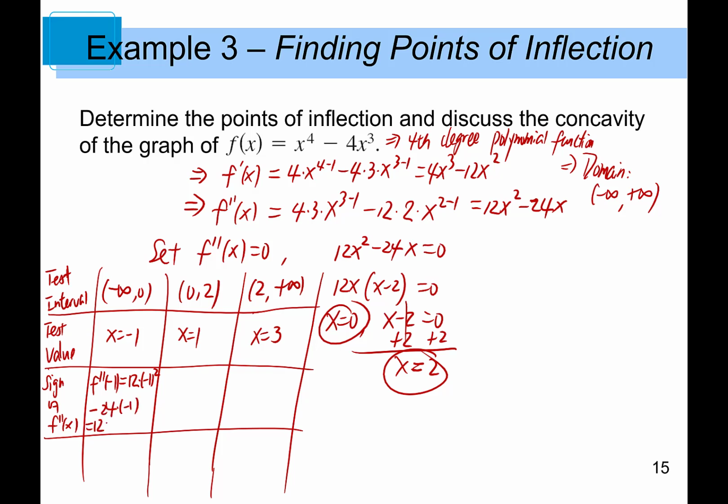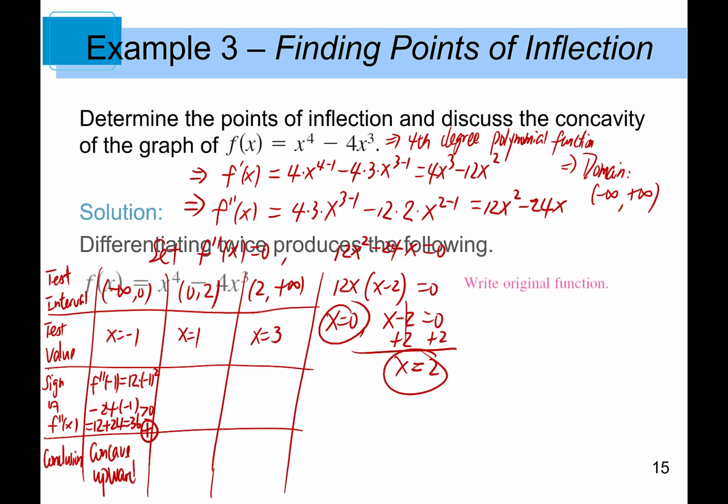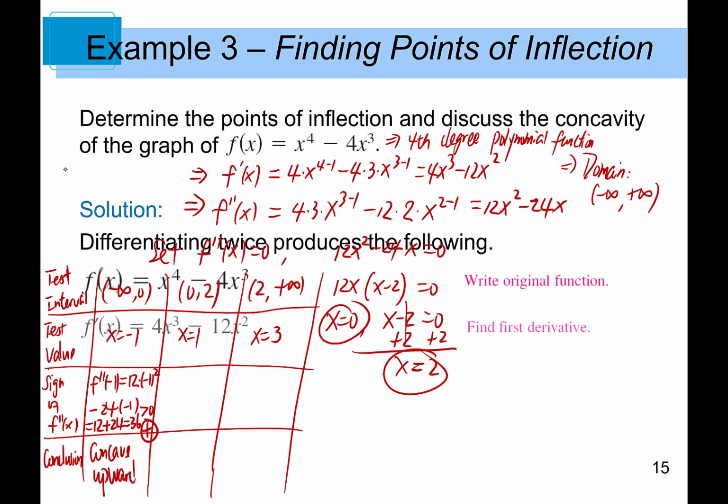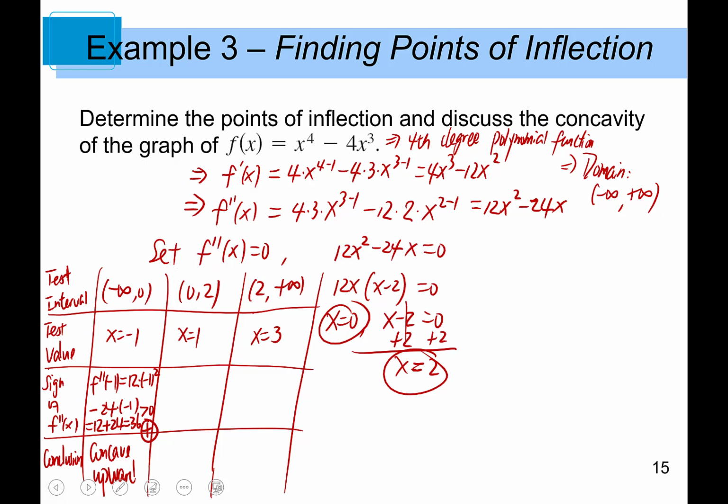It becomes 12 plus 24, which is 36. This is definitely greater than 0, so positive. Positive tells us it's concaving upward. The second interval, the test value is 1.